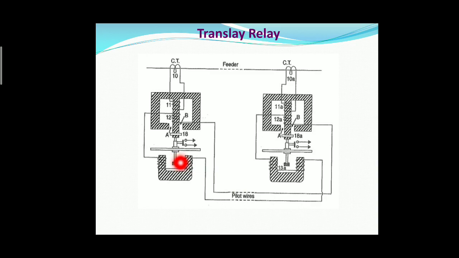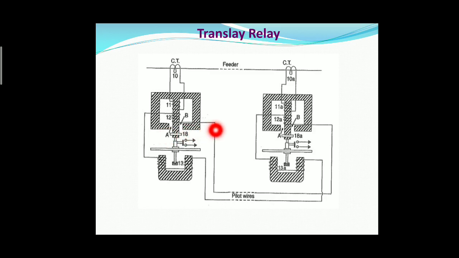Now coming to the construction, it is similar to that of an overcurrent relay, with some little modifications. Now we apply the I1 current at CT1 and the I2 current at CT2. The current is induced in the two secondaries.